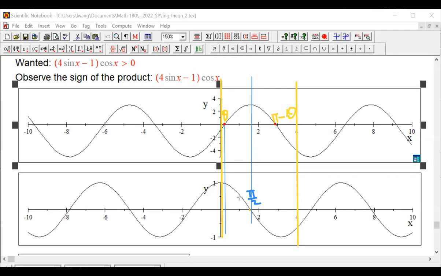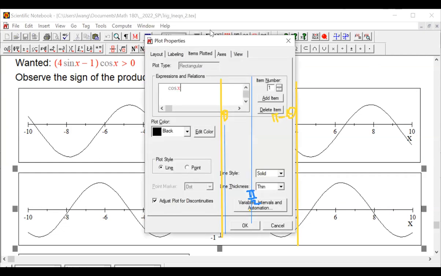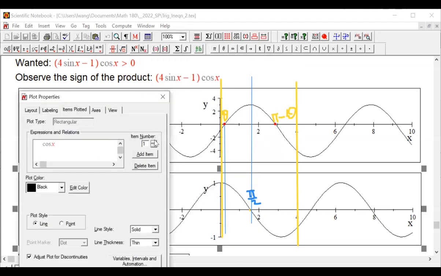Positive times positive is what? Is a positive. So between 0 to pi over 2, not including pi over 2, because pi over 2 is a cosine, pi over 2 will be 0. So pi over 2 here, I'm going to have to make a circle. So that's how you identify solution.